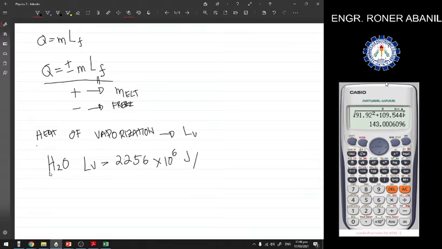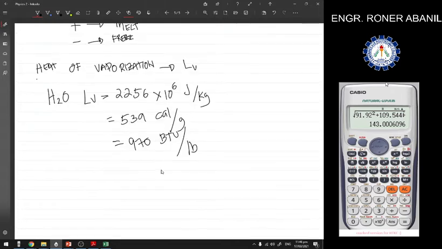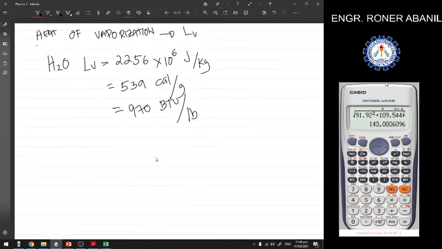Ito ay naka-joule per kilogram. So, ito naman ay 539 cal per gram or equal ito sa 970 BTU per ounce. So, yan. Ito naman yung LB. Kung kanina meron tayong LF, ito naman yung LB.